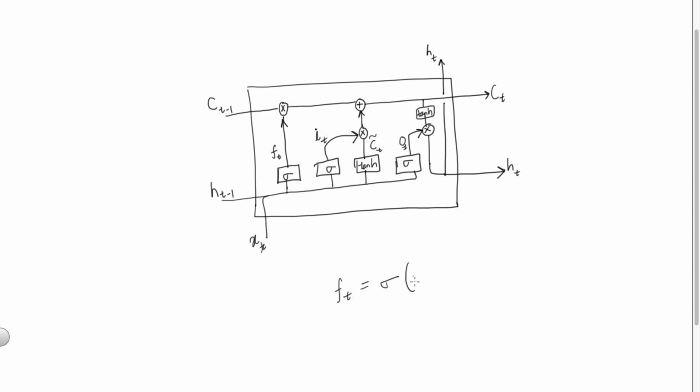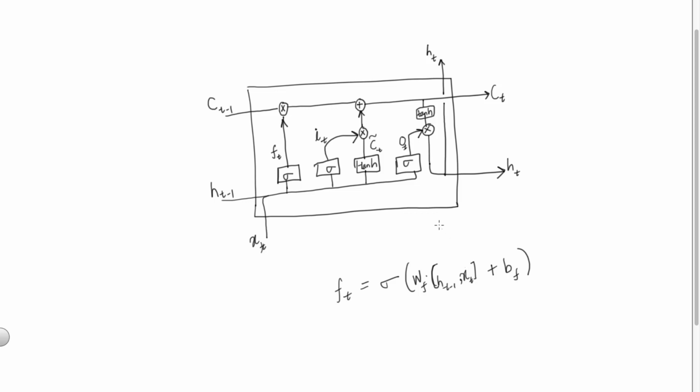So the equation for f t is sigmoid of W f into h t minus 1 comma x t, this is a multiplication, plus b f.